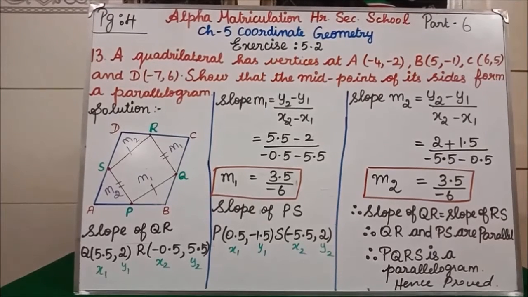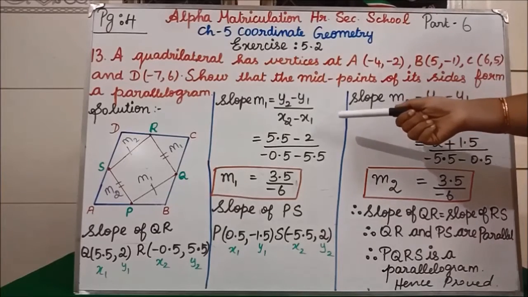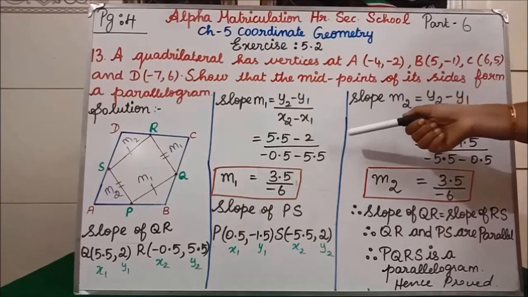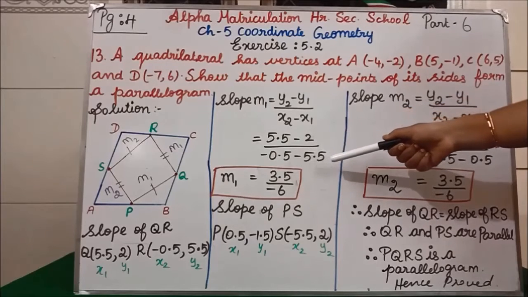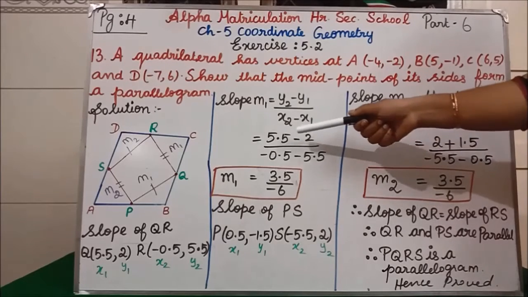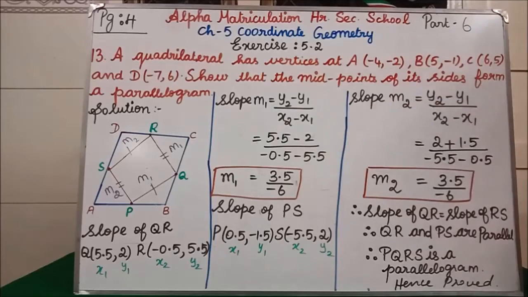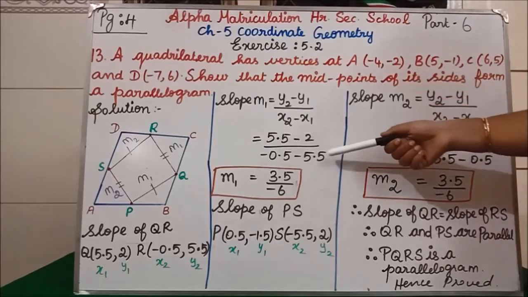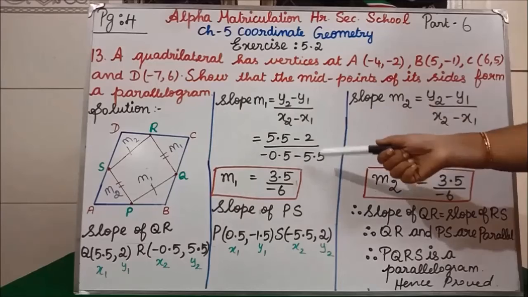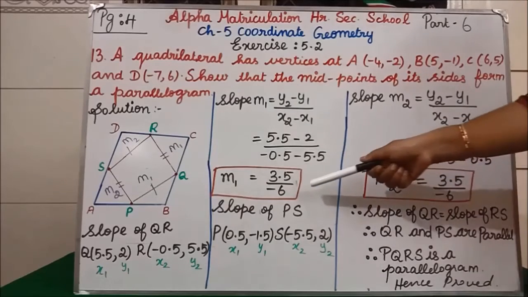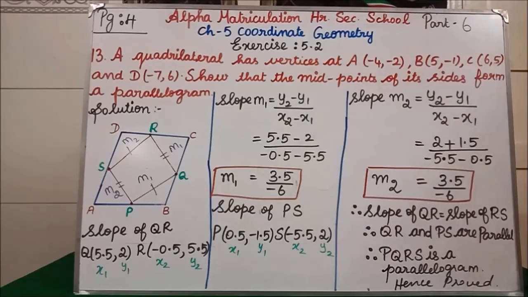See, y2 value is 5.5, y1 value is minus 2, divided by x2 value minus 0.5, x1 value 5.5. So 5.5 minus 2 is 3.5, divided by minus 0.5 minus 5.5, both are minus, so we have to add. If we add, we get minus 6. So keep it as such, no need to divide.